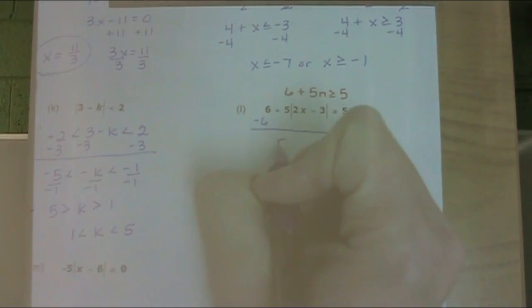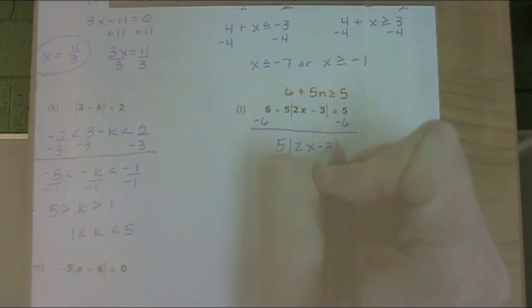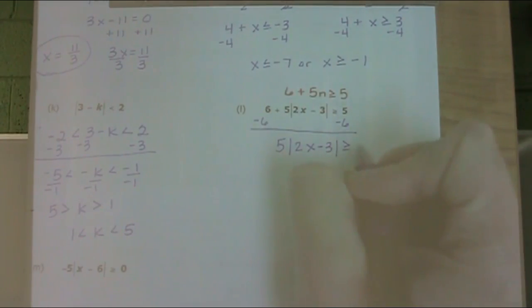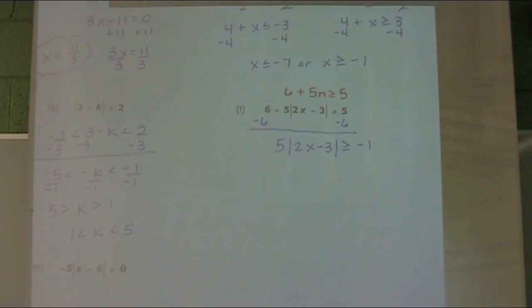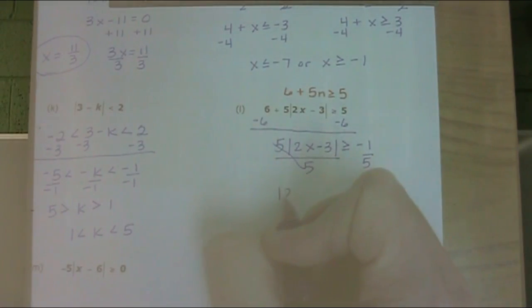So I've got 5 times the absolute value of 2x minus 3 is greater than or equal to negative 1. My next step, divide by 5 on both sides. And I have absolute value of 2x minus 3 is greater than or equal to negative 1/5.